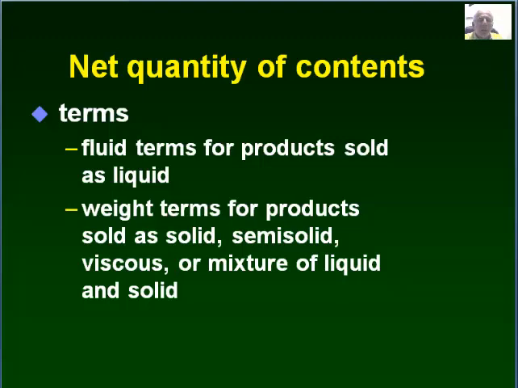If the product happens to be a solid or semi-solid, maybe viscous, something like, say, maple syrup would be a good example, or a mixture of liquid and solids, say some of the canned fruits, canned vegetables, then the weight is given in grams, pounds, ounces, but in weight terms rather than liquid terms. So it's not going to be liquid fluid ounces, it's going to be ounces in terms of weight. So 16 ounces to a pound.